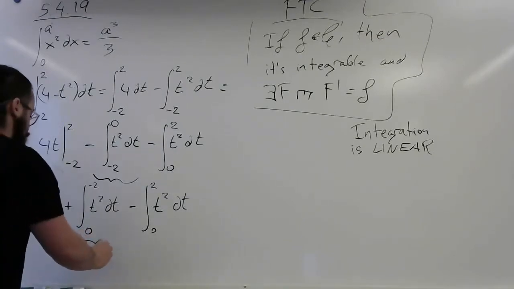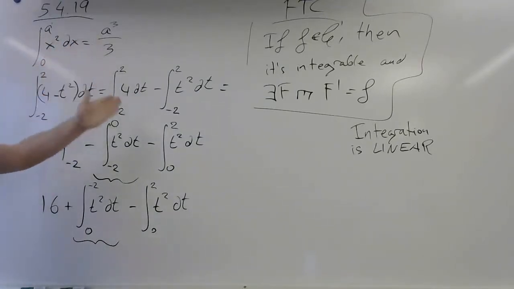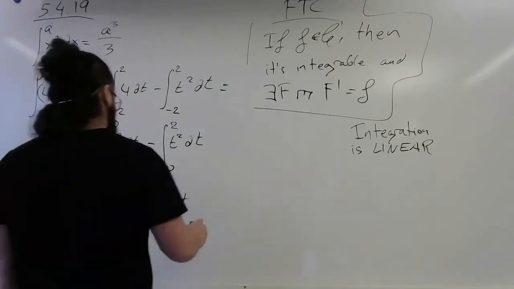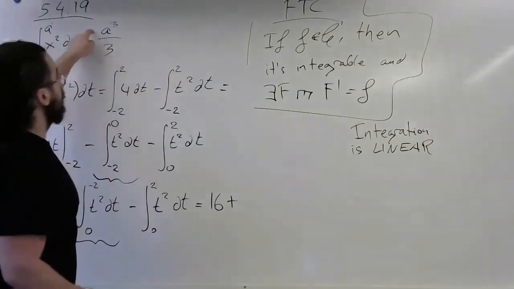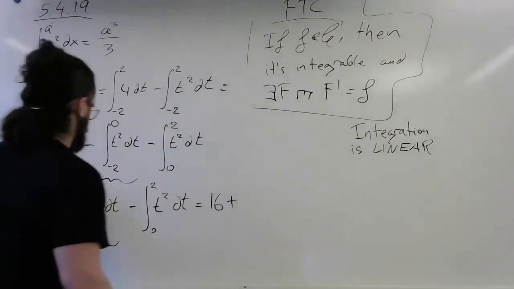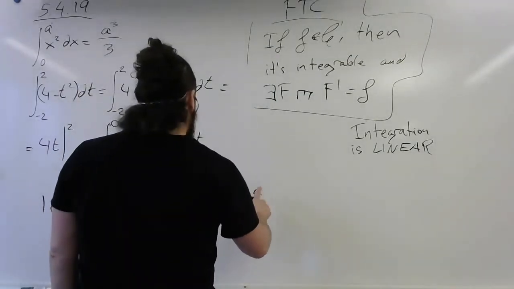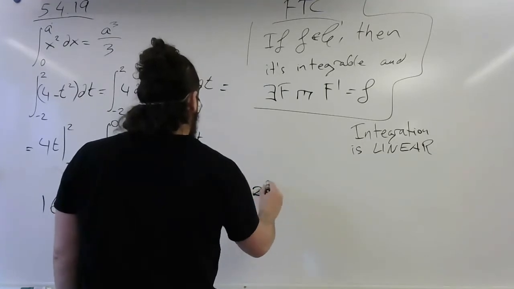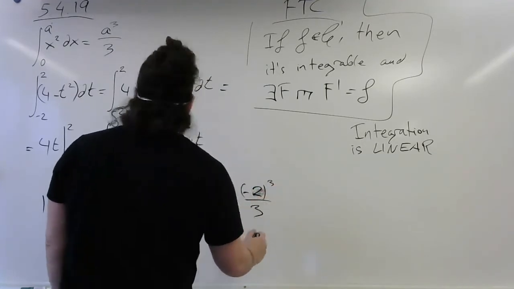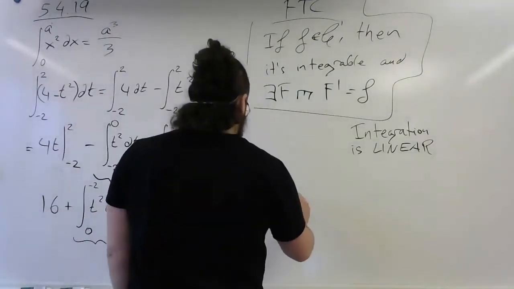And now let's see what happens here. We have already this integral in this form, so we can use it. This is 16 plus minus a cubed over 3, in our case -2, and minus 2 cubed over 3.